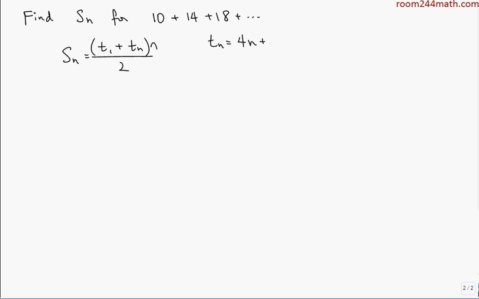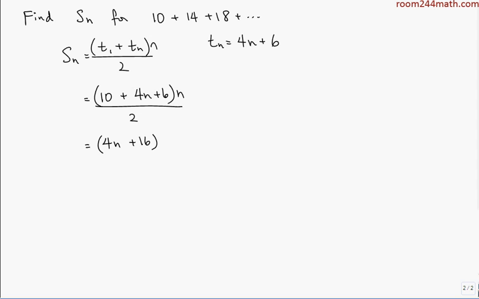So tn, the common difference here is 4, so it's 4n. The 0th term would be 6, so 4n plus 6. So let's replace the tn with 4n plus 6. And not only that, let's replace t1 with 10. So 10 plus 4n plus 6 times n all over 2.